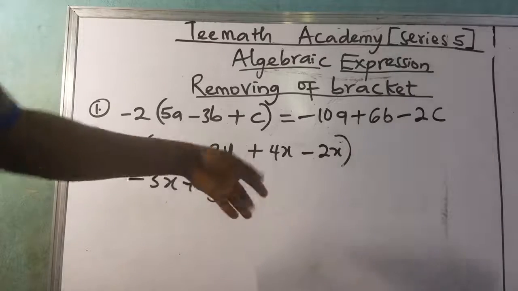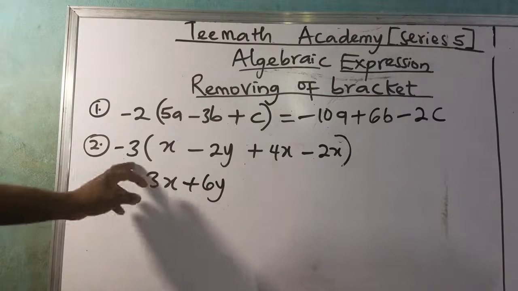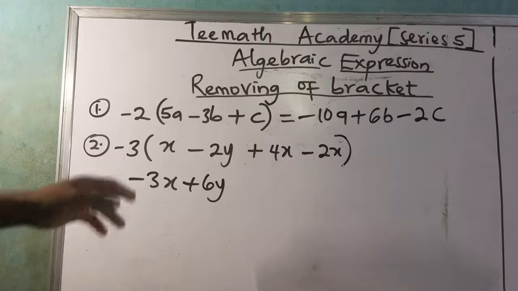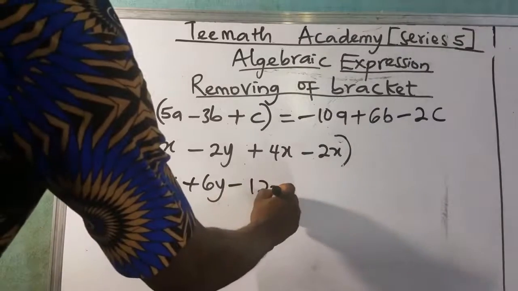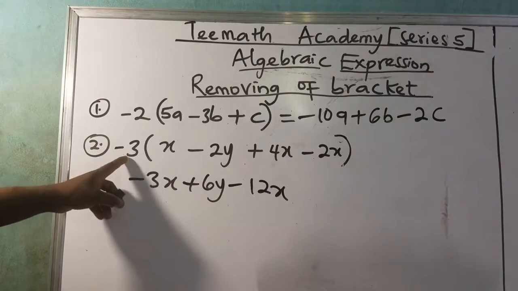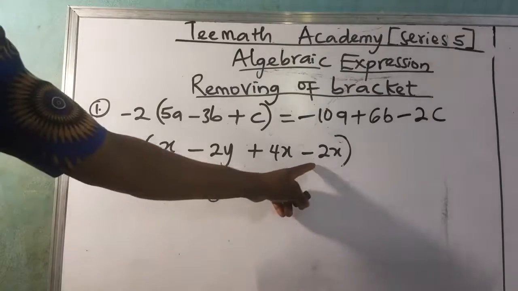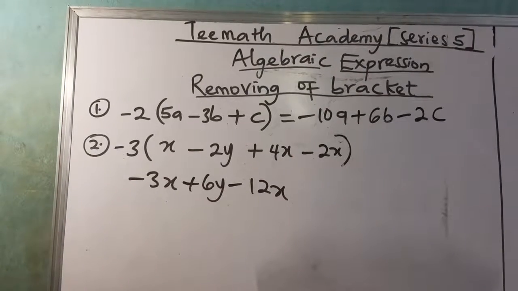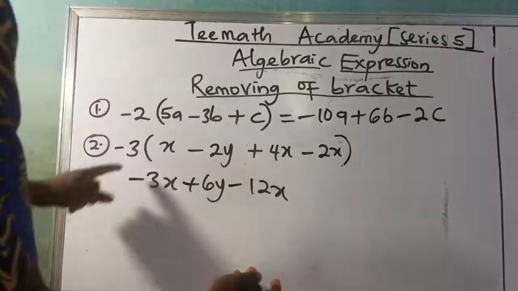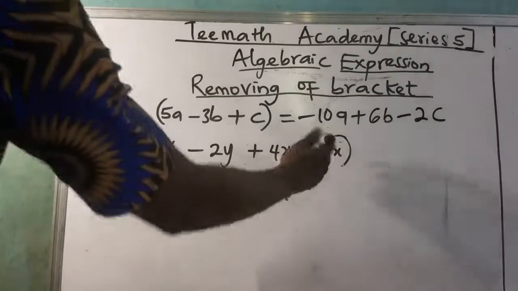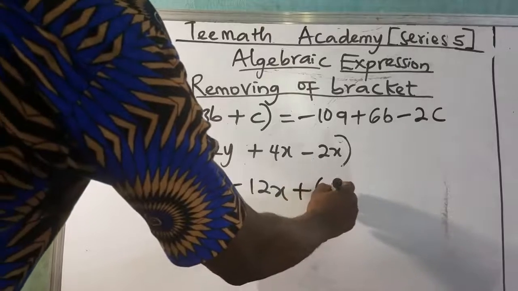Minus times plus is minus. You can see now, 3 times 4 is 12x. So actually minus 3 times 4x is minus 12x. That will be minus 12x. So here minus 3 times minus 2x will be plus, because minus times minus is plus. So 3 times 2 is 6, and x, that will be 6x. That will be plus 6x.